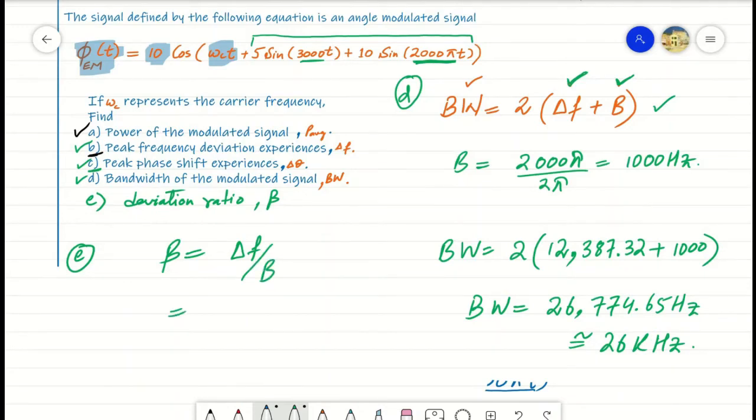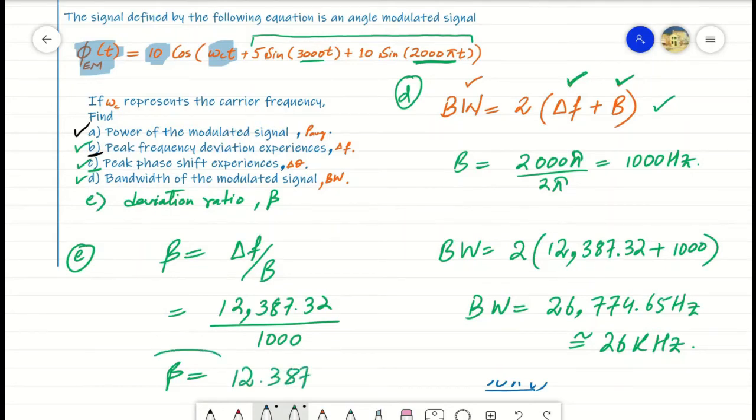If we substitute the value of delta f, 12,387.32, divided by 1000, we obtain the deviation ratio beta equal to 12.387. This deviation ratio provides information about the rate of modulation being performed in this exponential modulated signal, that is, a comparison of the bandwidth of the information signal and the deviation being caused in the modulated signal.